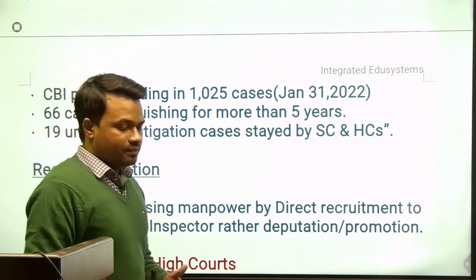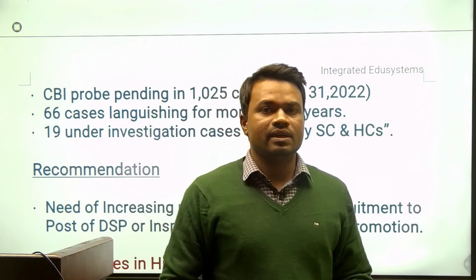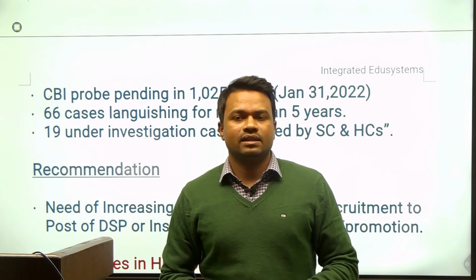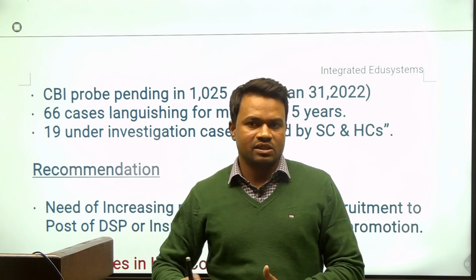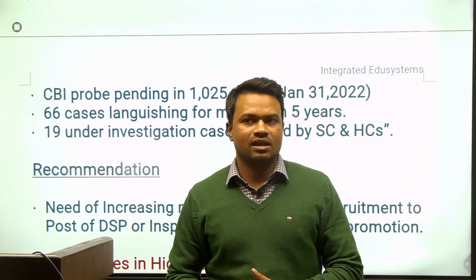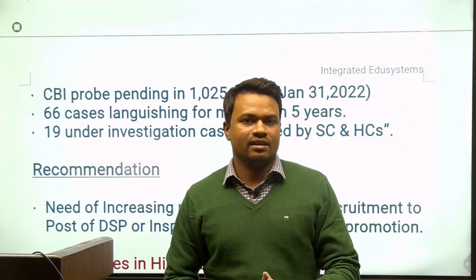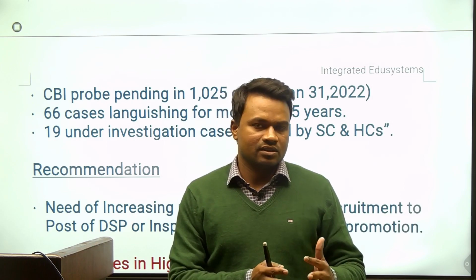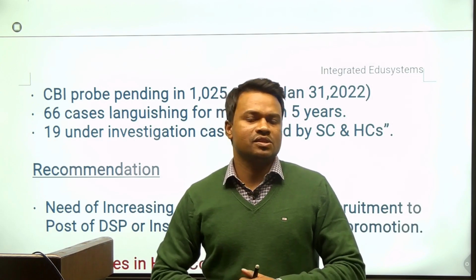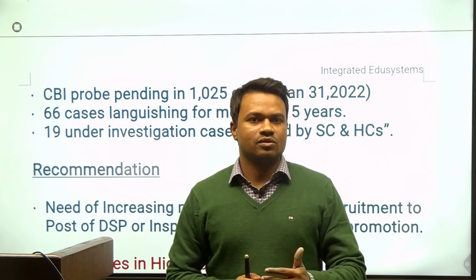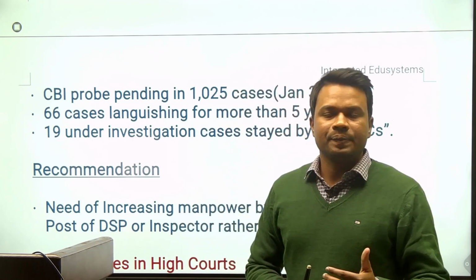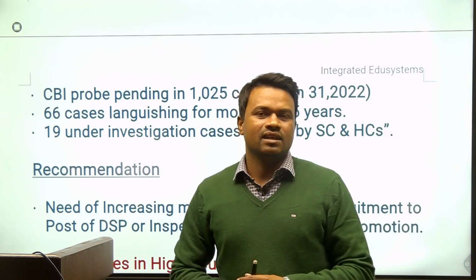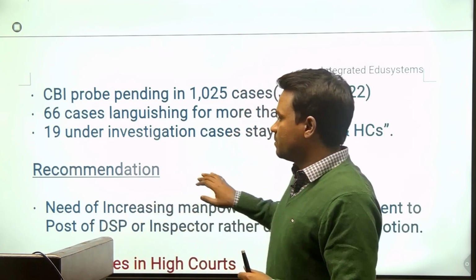The cadre strength of the CBI is more than 450, but these sub-inspector or inspector rank officers are not directly recruited; they come to perform CBI's duty through deputation or promotion. This is seen as a roadblock and was highlighted by this particular committee.